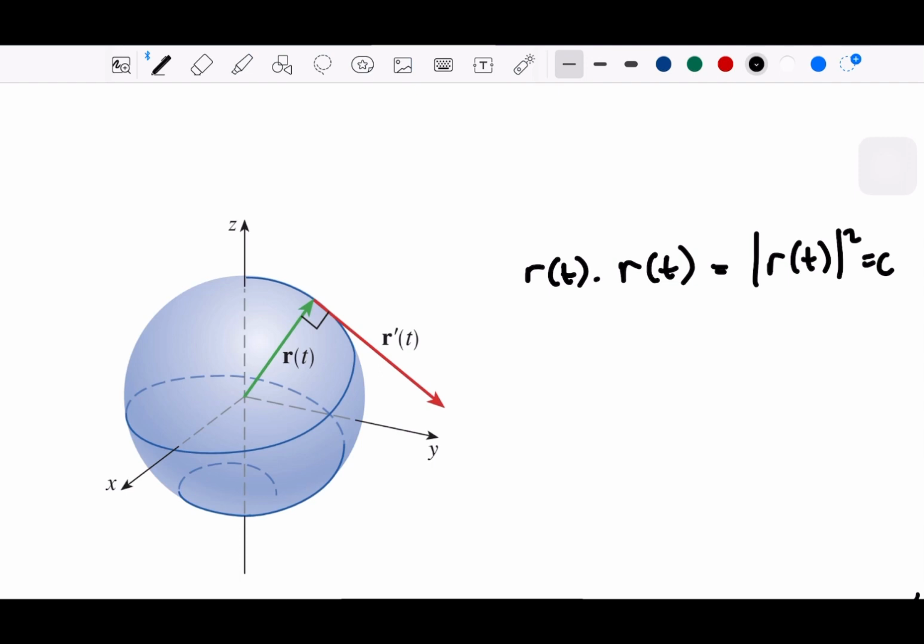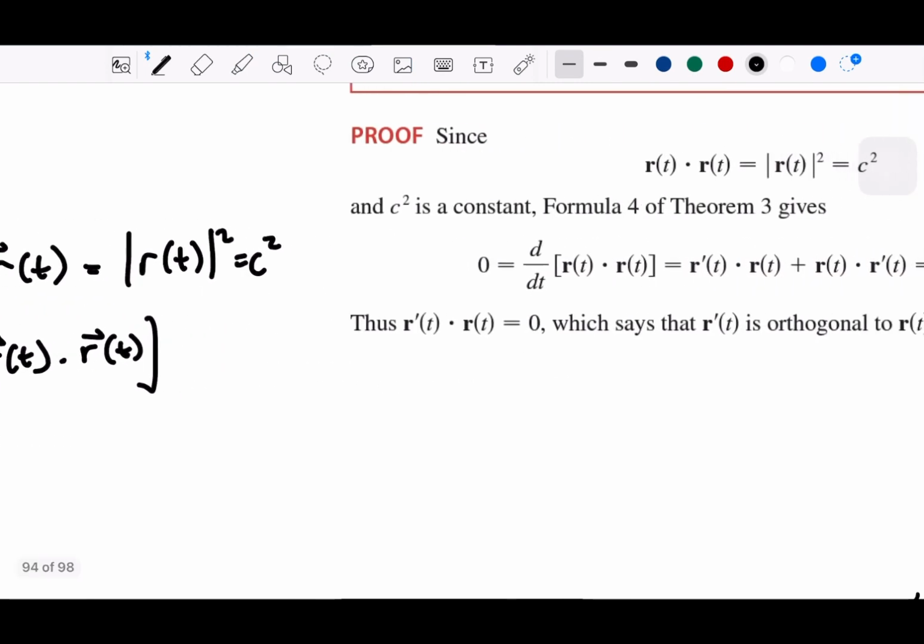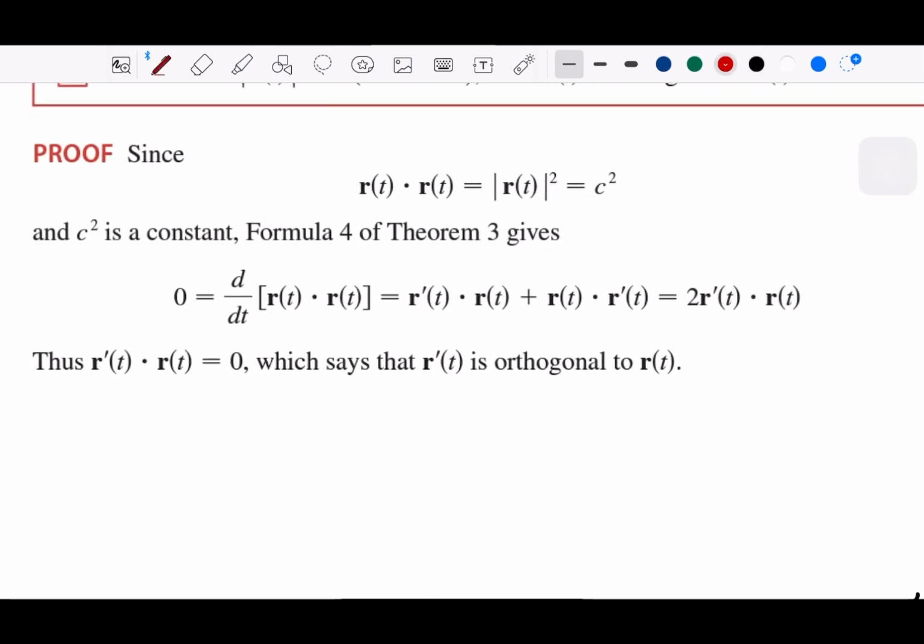It has the value C. And then we take the derivative of this, and simply we get these equations, and we get that at the end of the day we get 2 r prime(t) dot r(t) from this derivative.